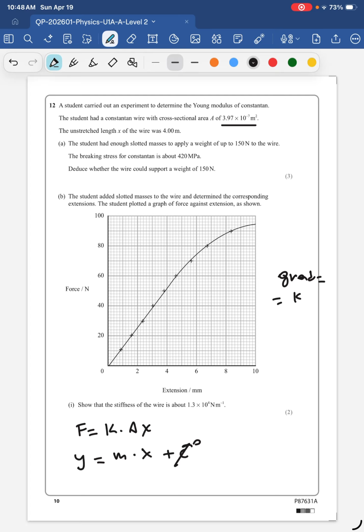First of all, you need to use the straight part of the graph. So this part is kind of straight, up to that point there, the graph is straight. Again, you can use any 2 points.